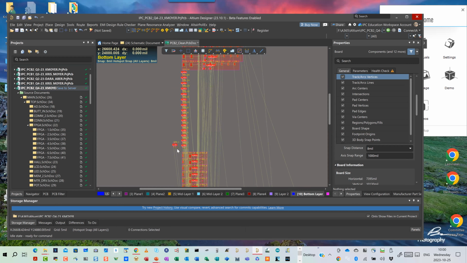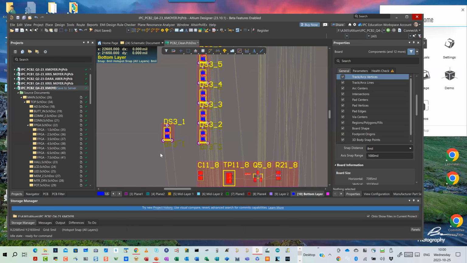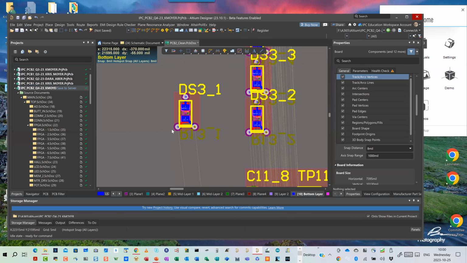As an example over here, let's say I want to select these vias here, but not the little traces that I routed here. If I do a blue box, I can go around the two vias like that, but I have not fully enclosed the two traces, so only the two vias get selected.